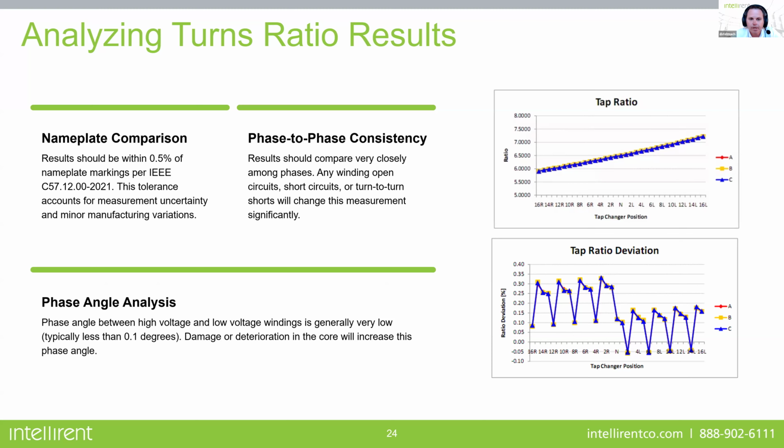And what you really do is compare it to nameplate, of course, but I'm looking at a lot of these results phase-to-phase comparison and phase angle analysis. So it's really good if you have the ability to graph these things and kind of see this.